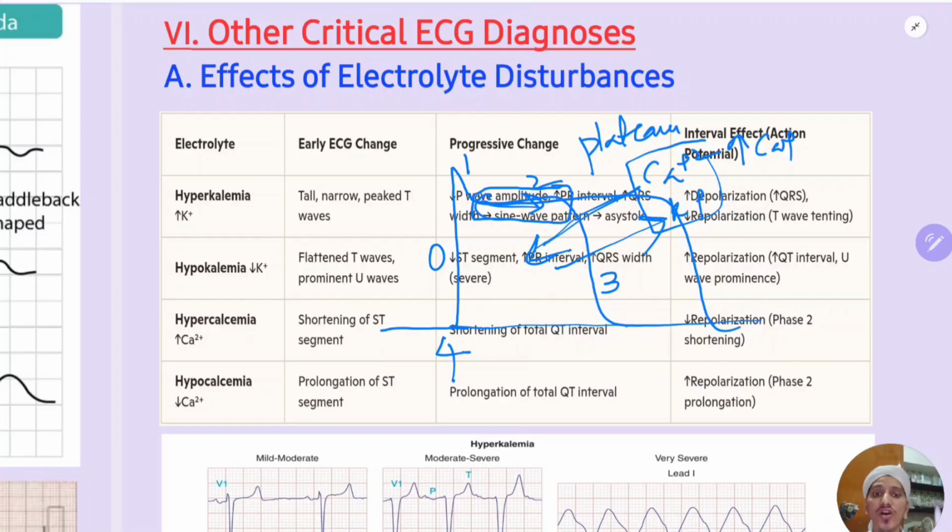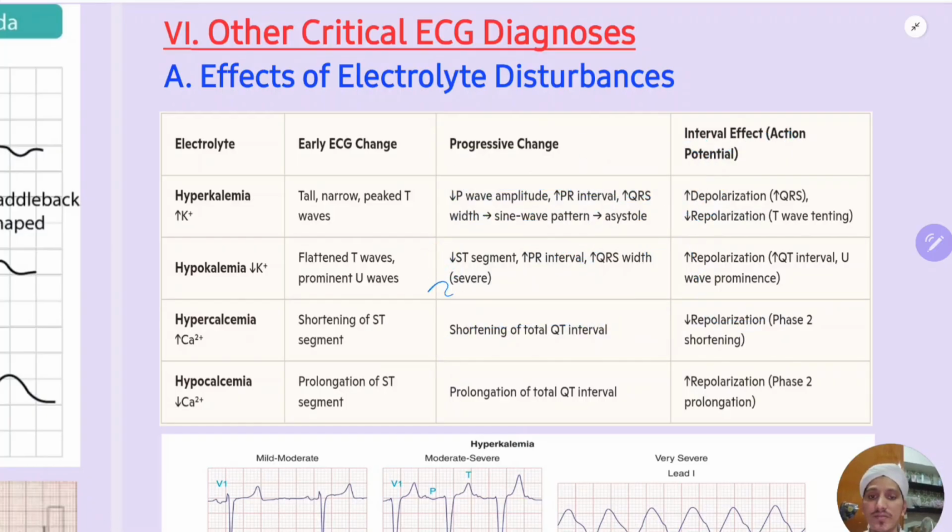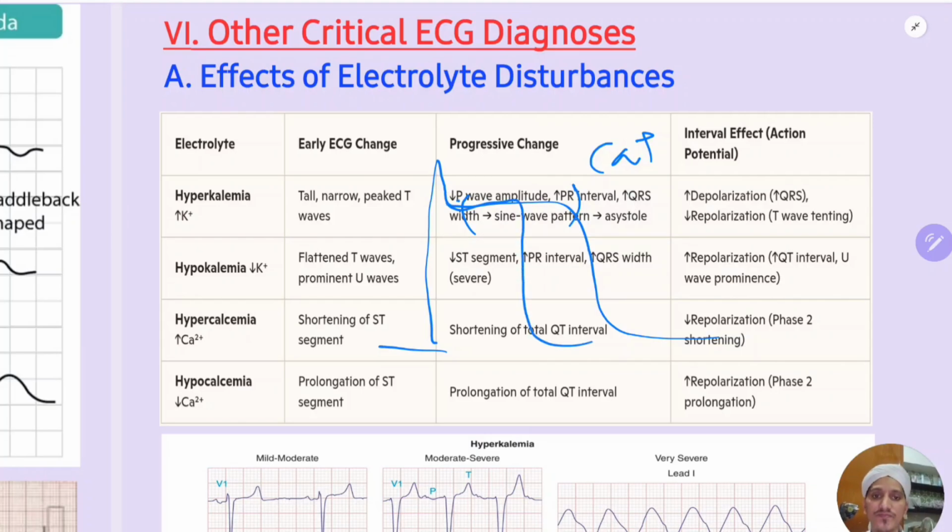The plateau phase will get shortened. It will be like this. When the plateau phase becomes shortened, this shortens the total QT interval.